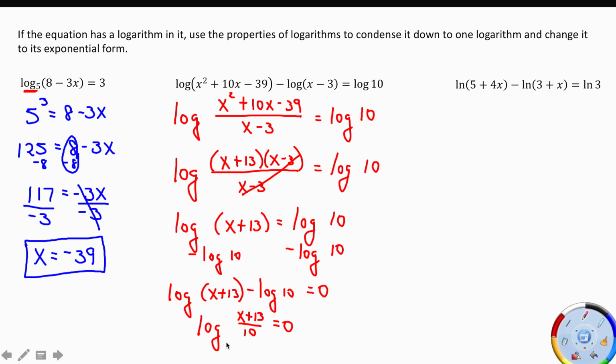And then I can change it to exponential form. The base, when it's not written as a 10, 10 to the 0 equals it. So there's one option.